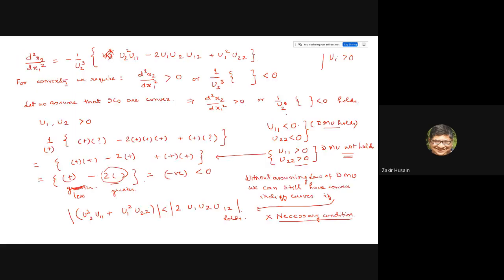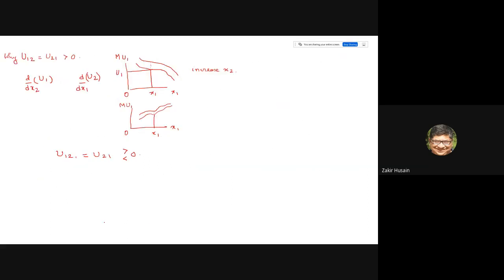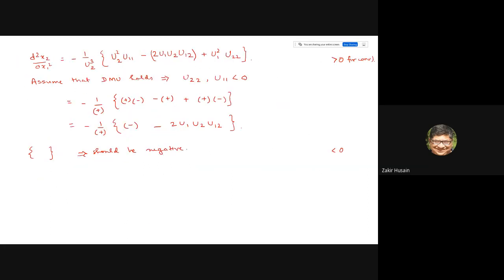Here we are making two assumptions. First is this, and the second assumption is this is positive. Here I am assuming that this is negative, so this becomes negative.